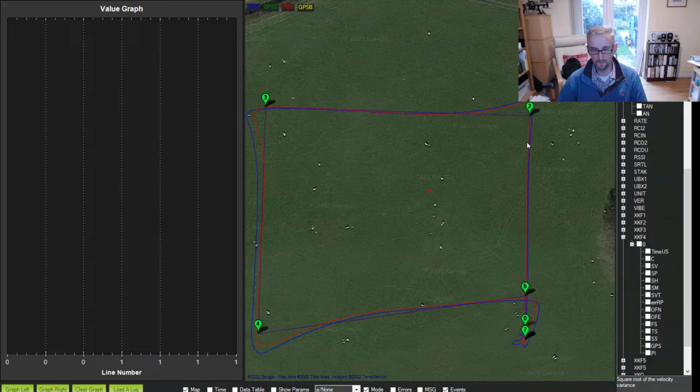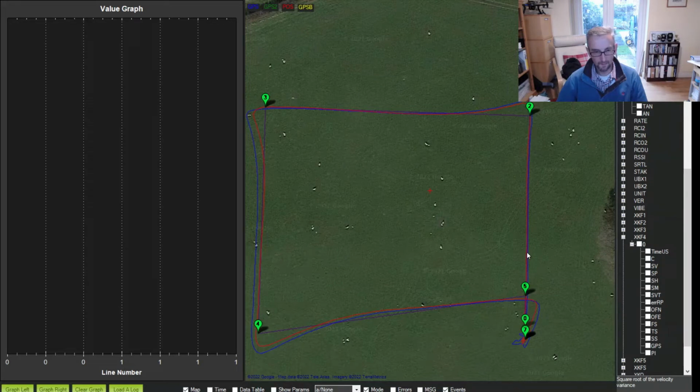Basically the code is assuming that the copter has more thrust than it actually has to make this turn, and this is one of the reasons why it sort of overshoots and doesn't adhere to the waypoints quite so effectively. Yeah, so I look forward to that change.